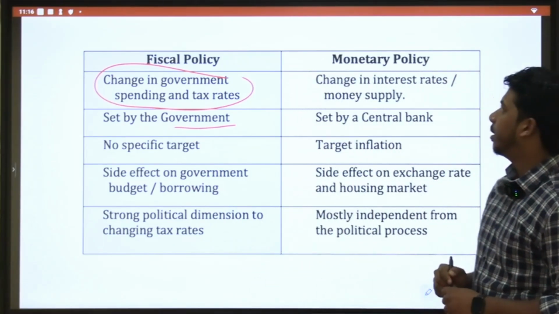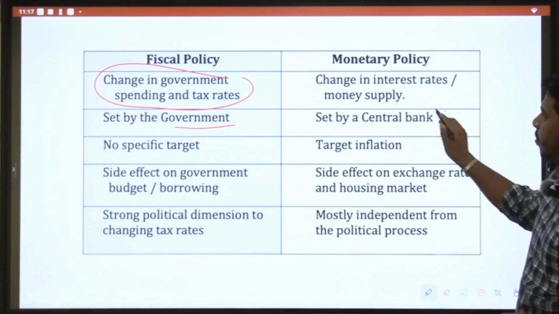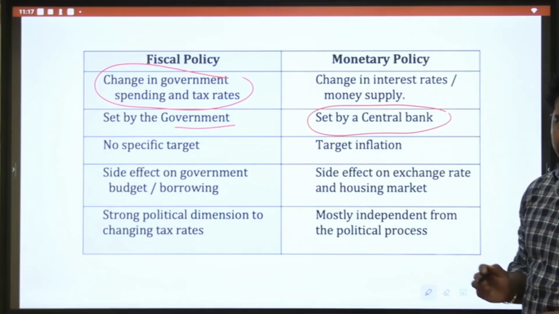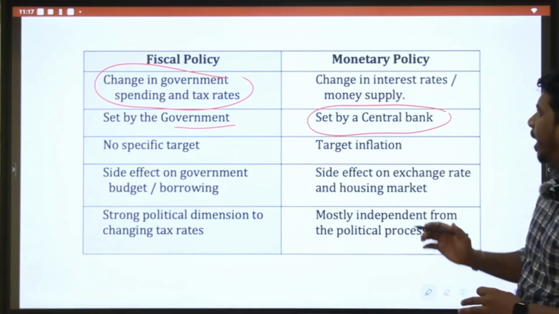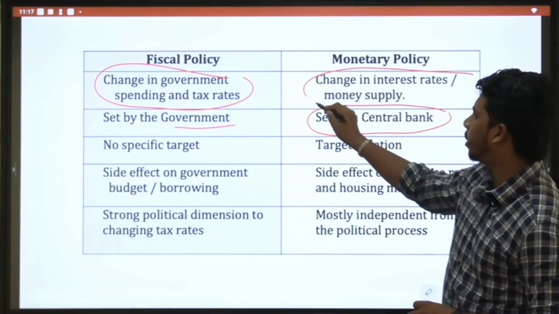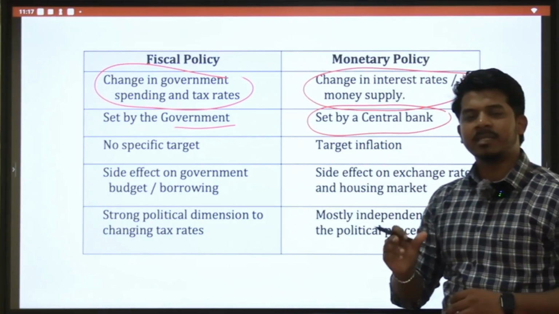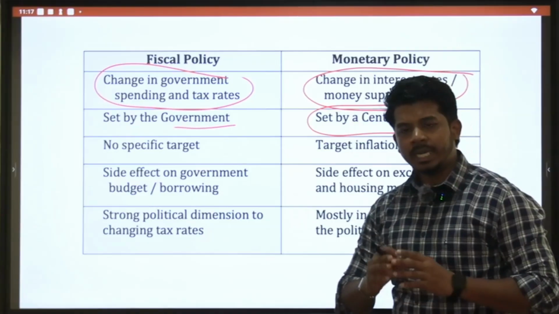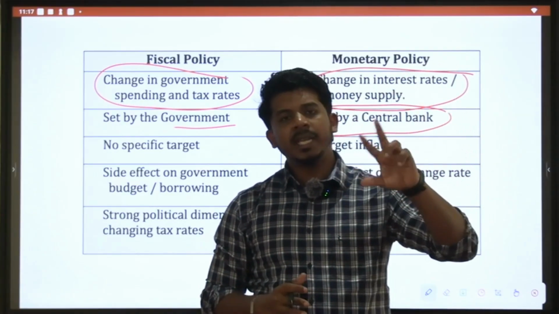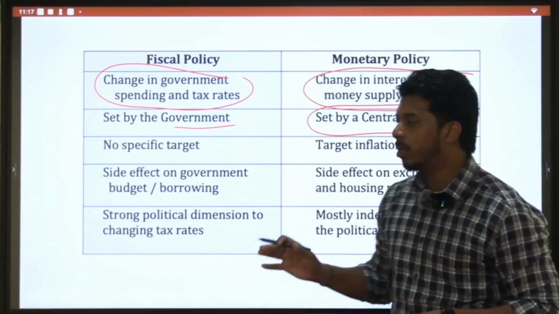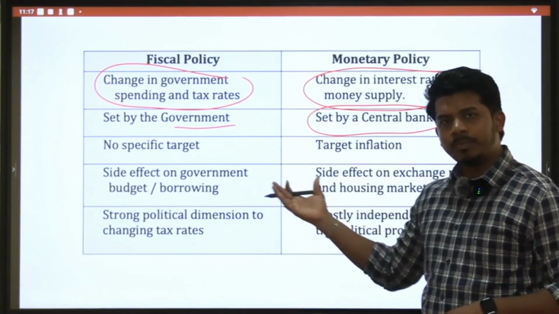On the other hand, monetary policy is managed by the central bank, usually through changing the interest rates or the money supply in the economy. How much money is in the hands of Indians? By varying the amount, the RBI manages our monetary policy. Targets may be the same.